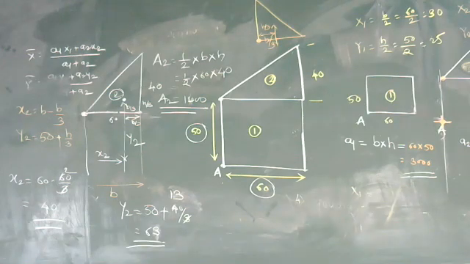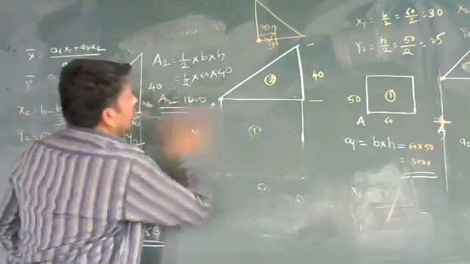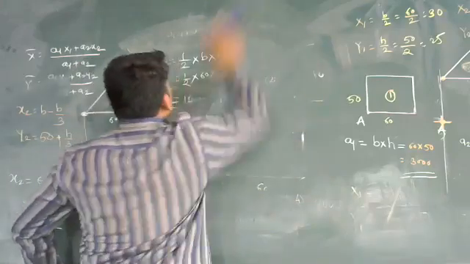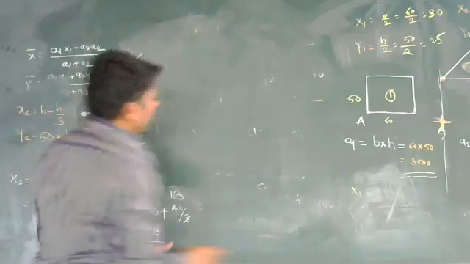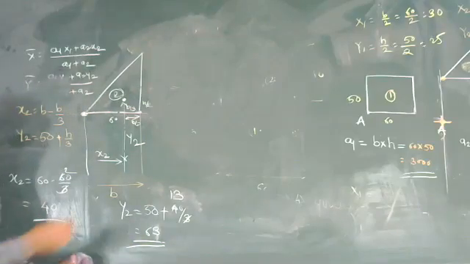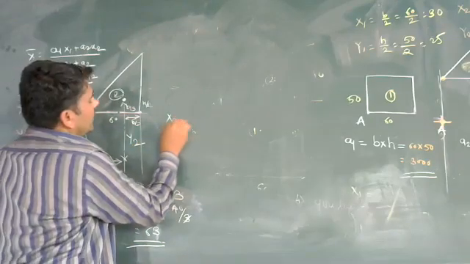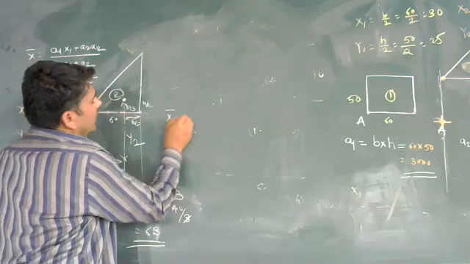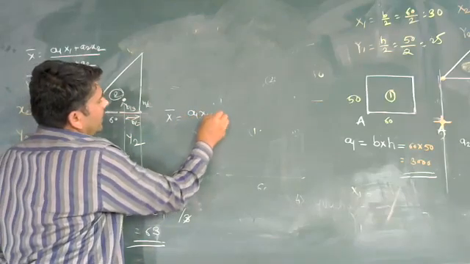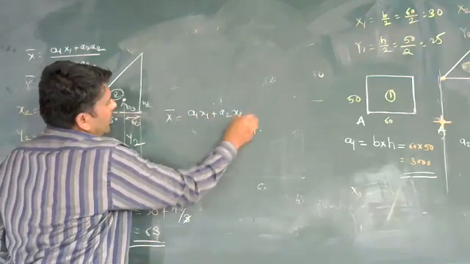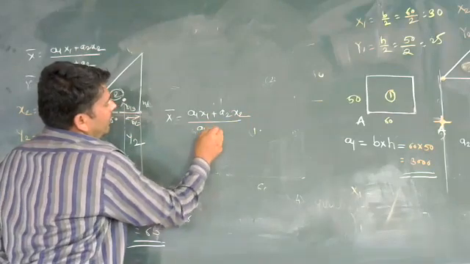Okay. Now our original basic formula we will use here. I will erase some portion from this. Now, see here, what is the formula? X bar is equal to A1 x1 plus A2 x2 divided by A1 plus A2.